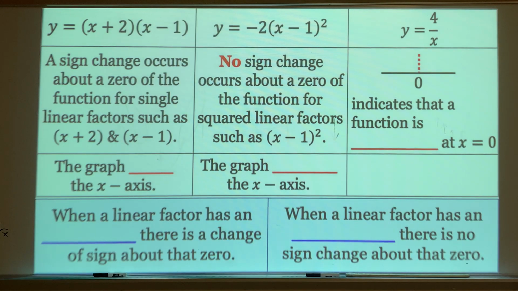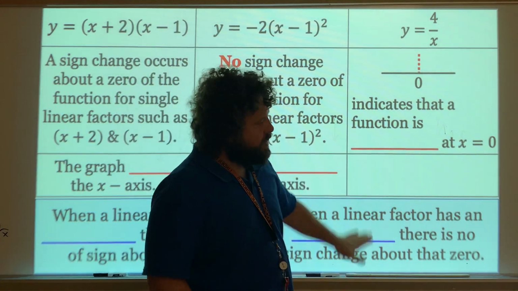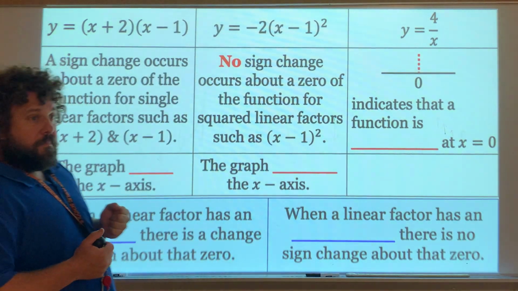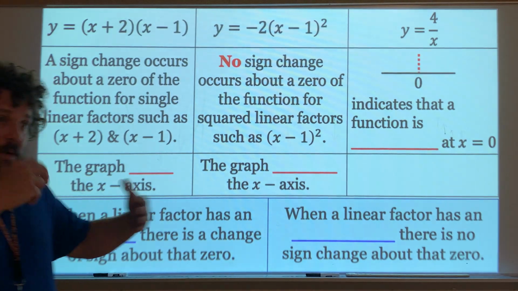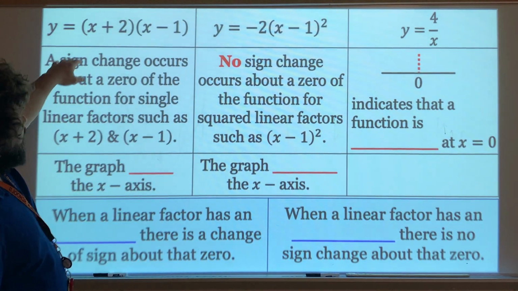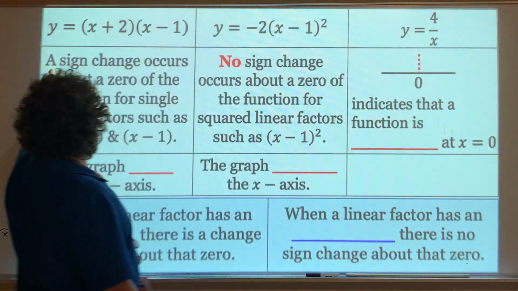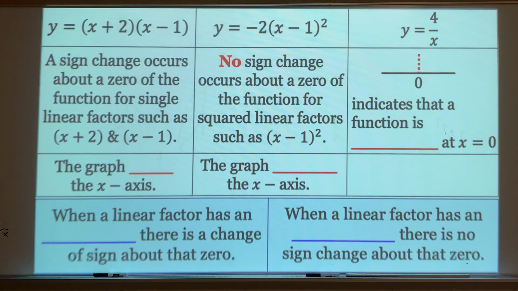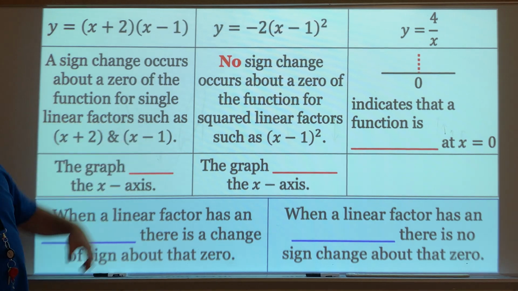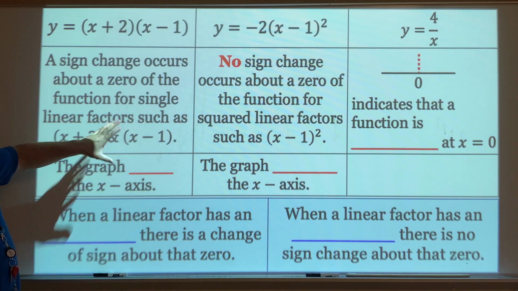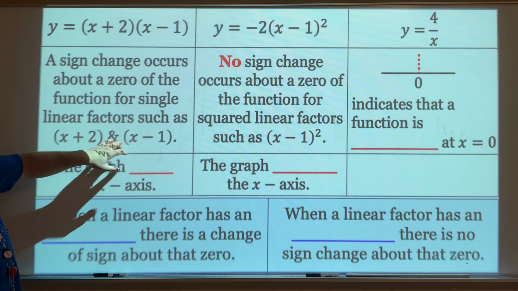Right? So, that was for the visual people. Here is for the people that are better with the verbal. Okay? So, same equations we just used. They correspond to the same problem. So the first one says, a sign change occurs about the 0 of the function for single linear factors such as x plus 2 and x minus 1.